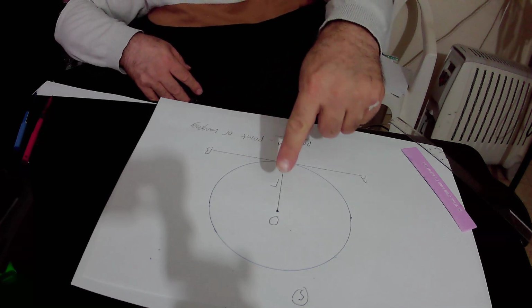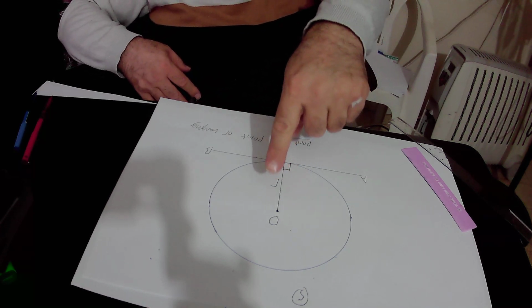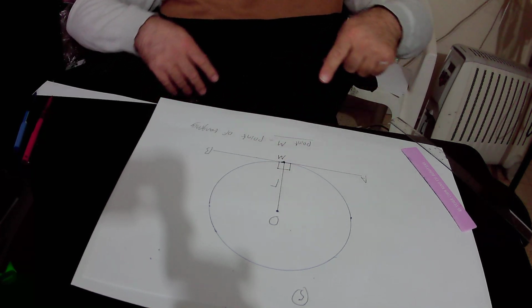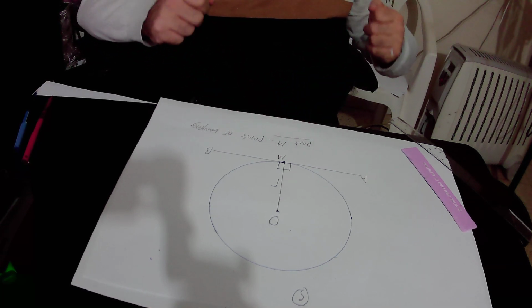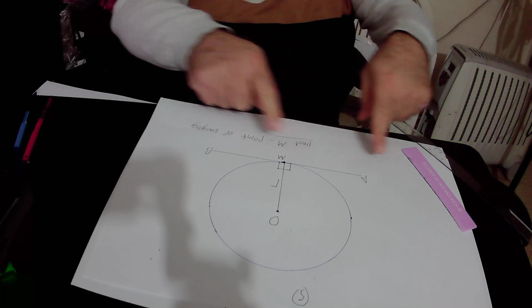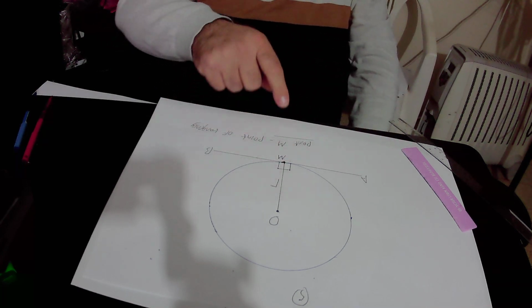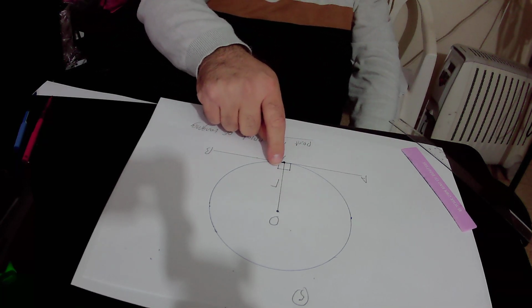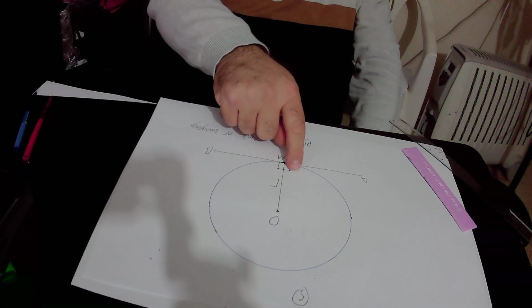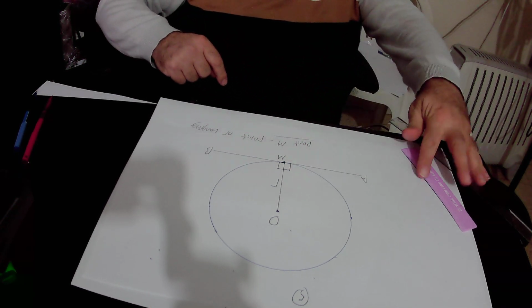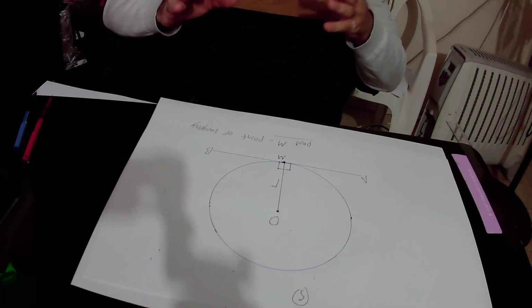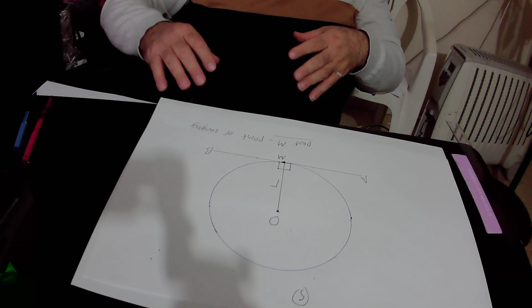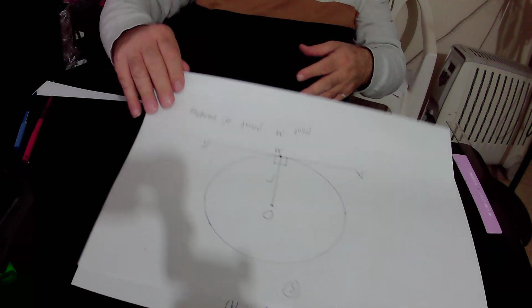So this radius is drawn to the point of tangency, that is to say it is drawn to point M. Therefore the tangent AB is perpendicular to this radius, that is to say this angle equals 90 degrees, and this angle will be also equal to 90 degrees. Okay, so that is the meaning of rule number 2, and we'll actually implement rule number 2 in our drawing.